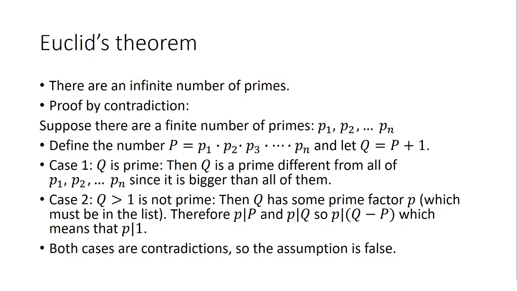So both cases are contradictions. So the assumption is false. That means there are an infinite number of primes.